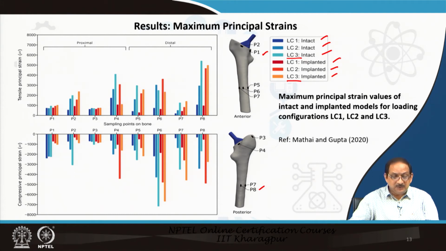However, at P4 and P8, LC2 reported the highest principal strains of 3200 microstrain and 4000 microstrain respectively. At the posterior region, P5 to P8, the implanted model experienced a 50% to 75% increase in principal strains compared to the intact models.